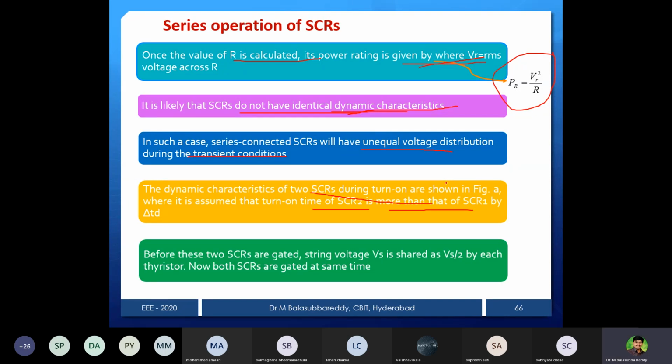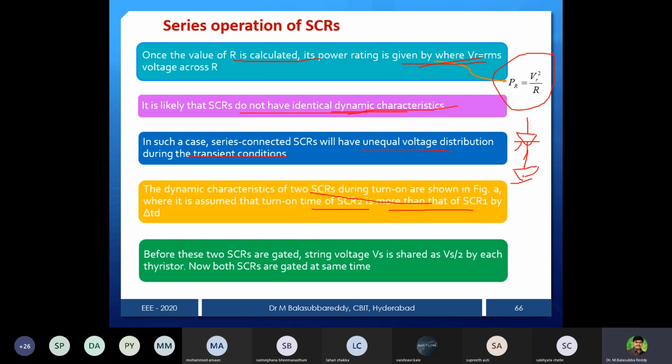Before these two SCRs are turned on, that is, gated on, the string voltage is shared. Normally, with the device in the off condition, two SCRs are in series. What is the voltage shared by SCR1 and SCR2 by connecting one resistor in parallel with each SCR?